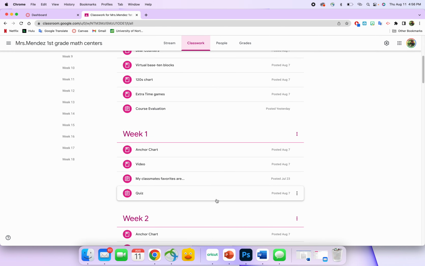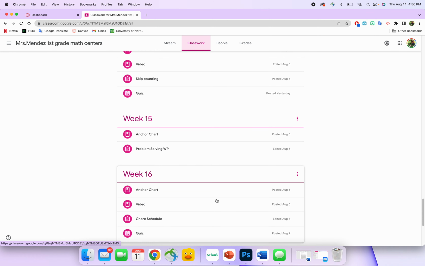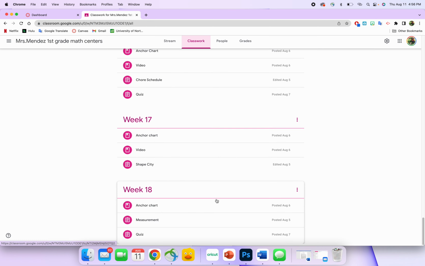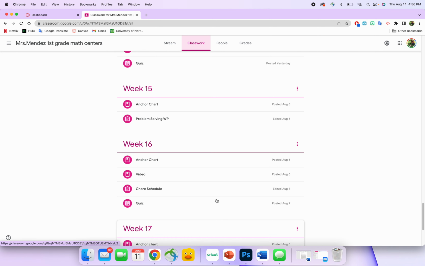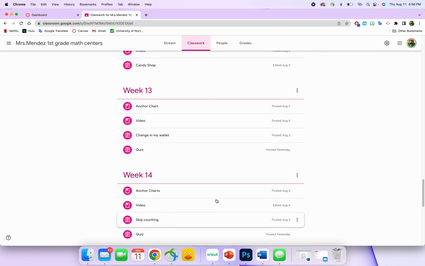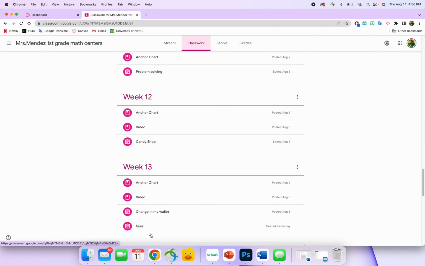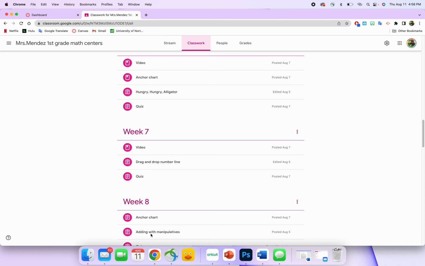And then from there on, we have weeks 1 through 18, and the majority of the topics have anchor charts, videos, a main activity, and a quiz to work on independently, as we can see here.